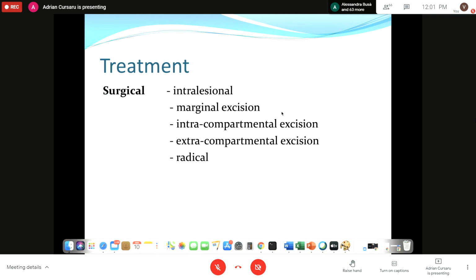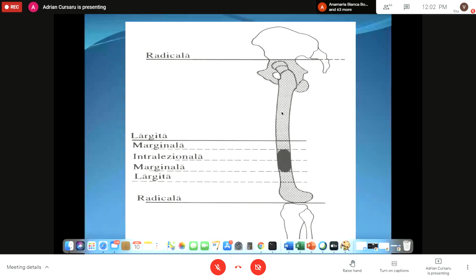That's just for the benign tumors. For the malignant tumors, you have to make a radical, oncological surgical treatment, and it has to be an extracompartmental excision. Because if you are not making that, recurrence of the tumor will be the rule.